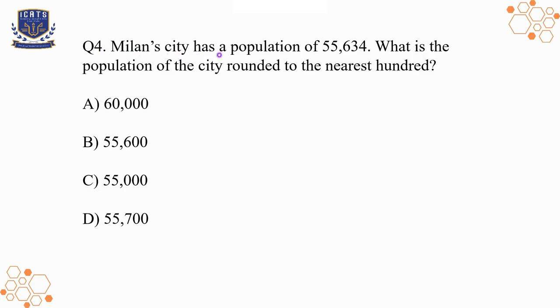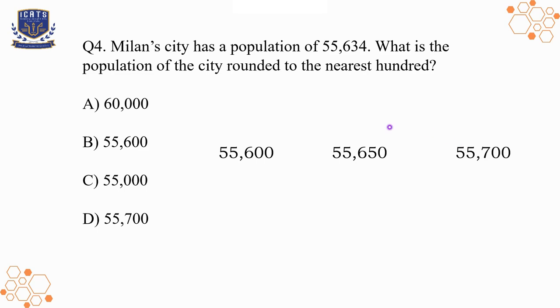Question number 4. Milan City has a population of 55,634. What is the population of the city rounded to the nearest hundred? Option A is 60,000, option B is 55,600, option C is 55,000, and option D is 55,700. So the number 55,634 lies between 55,600 and 55,700.